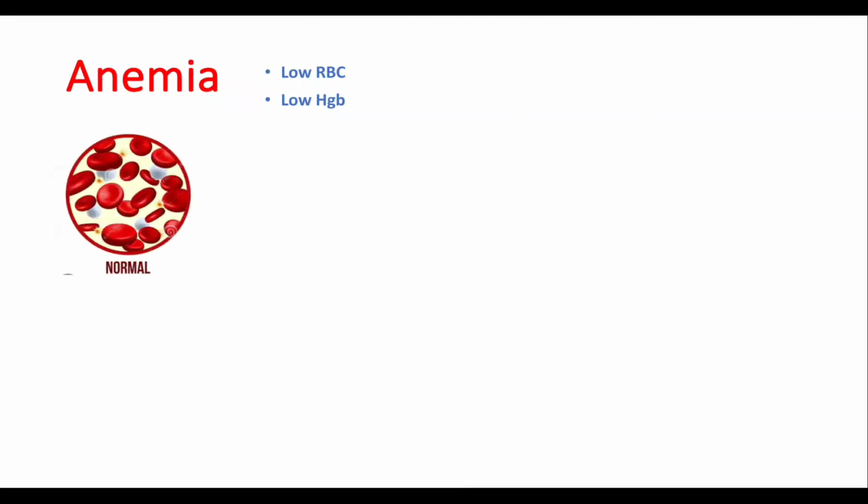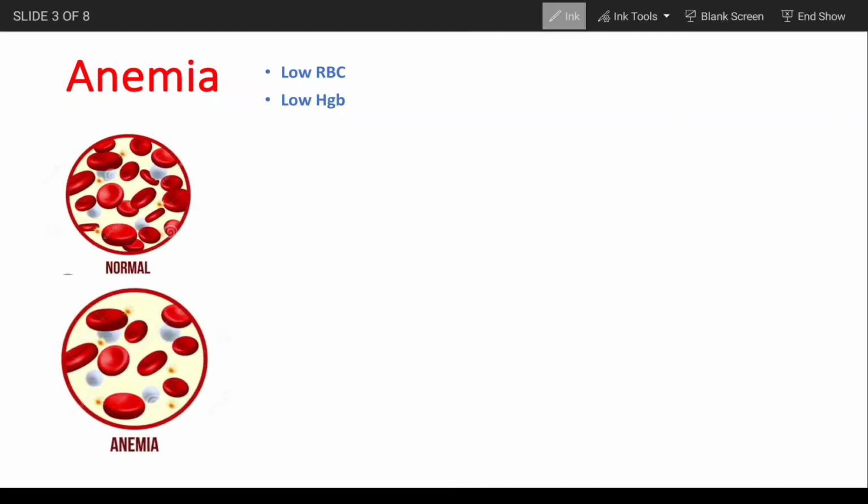It is a condition in which the patient has low RBCs or low hemoglobin in the blood. Here the picture shows clearly the reduction of RBCs compared to normal RBCs in the blood.